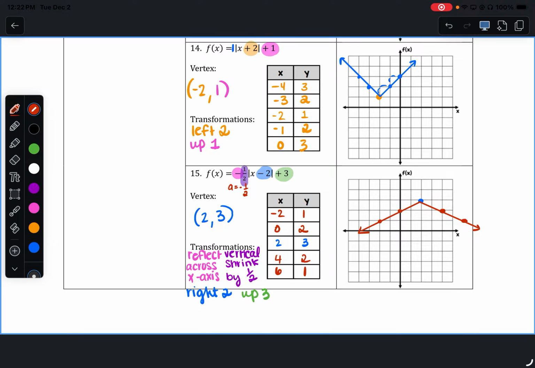Okay. So we're going to do 1 and 2 of these, and then we're going to go ahead and look at the back.